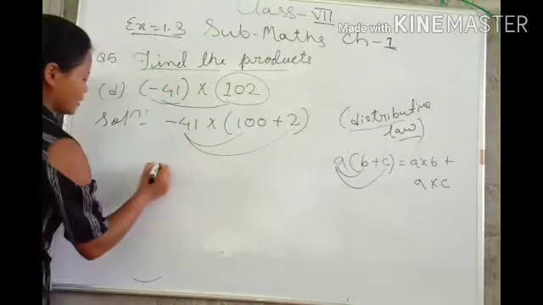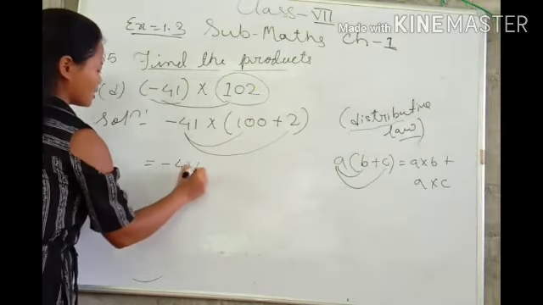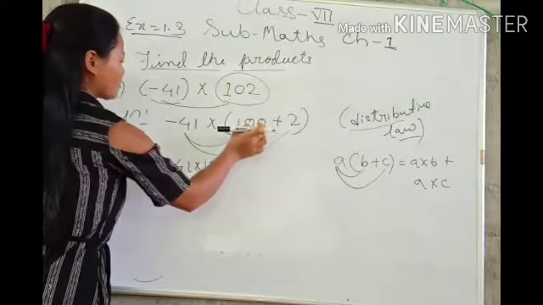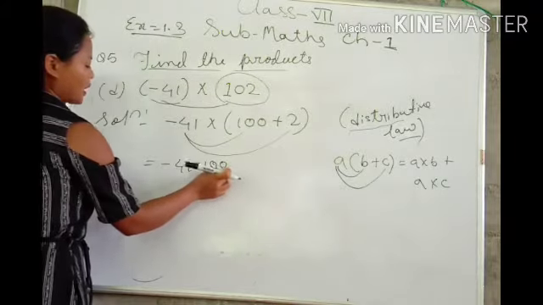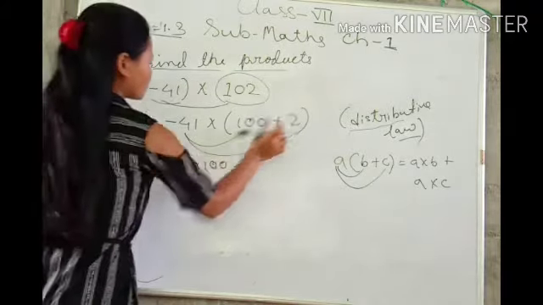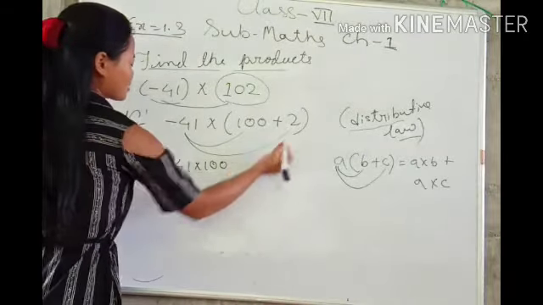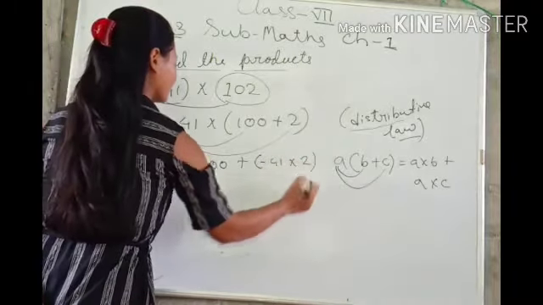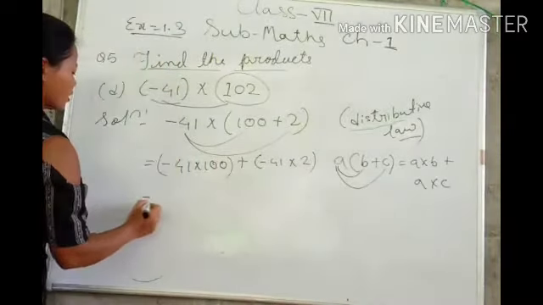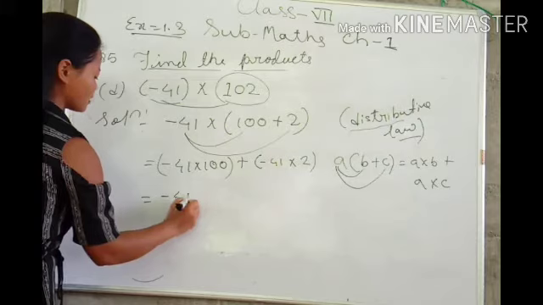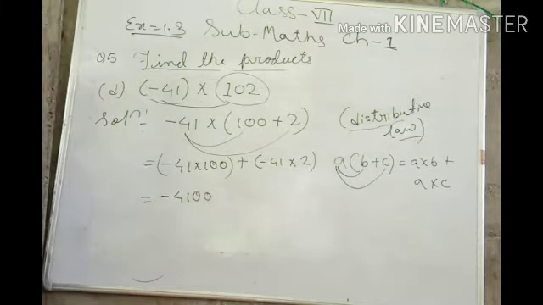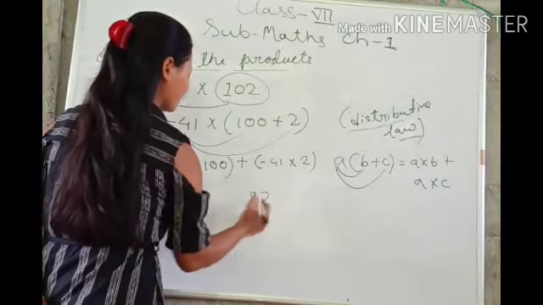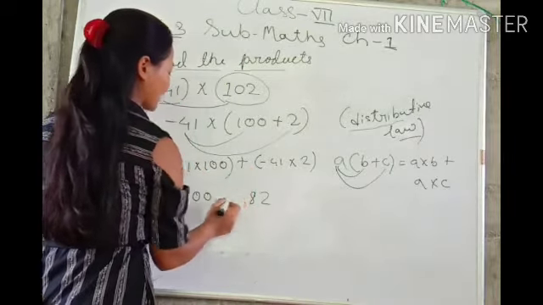Now let's see the answer. Minus 41 into 100. Why did I make 100 and 2? Because multiplying with 100 is very easy, you directly add the zeros, and multiplying with 2 is also easy. Here there is a plus, so you write plus. Then minus 41 multiplied with 2. Minus 41 into 100 gives 4100, and the next gives 82, with the sign plus and minus becoming minus.